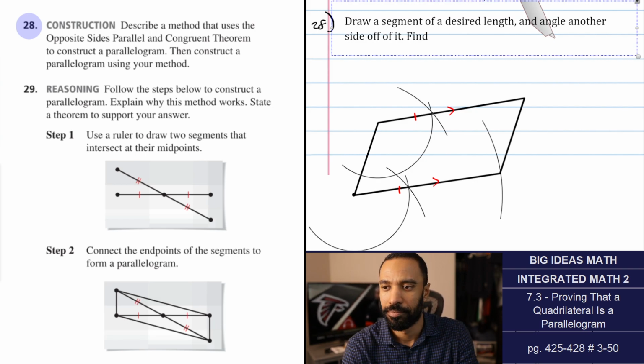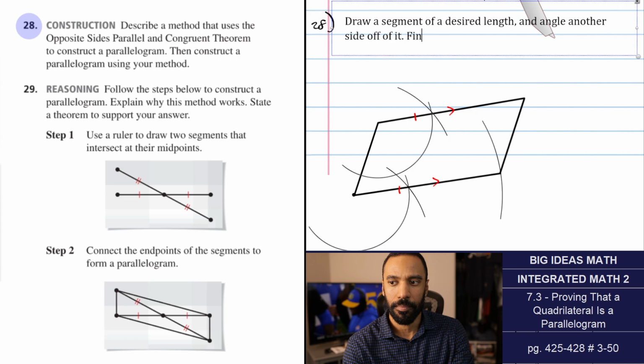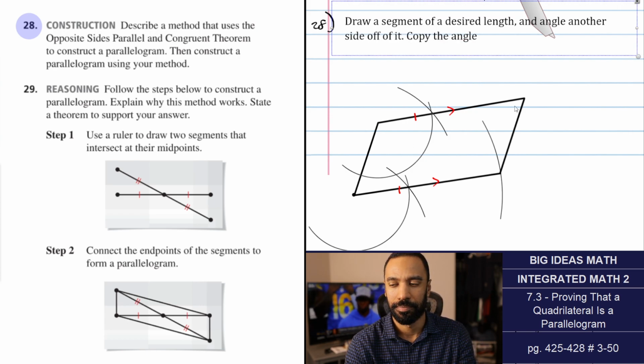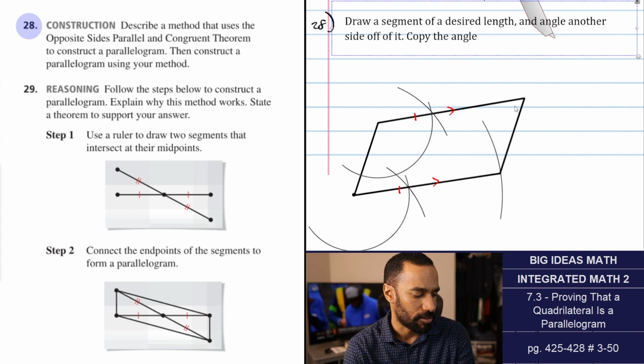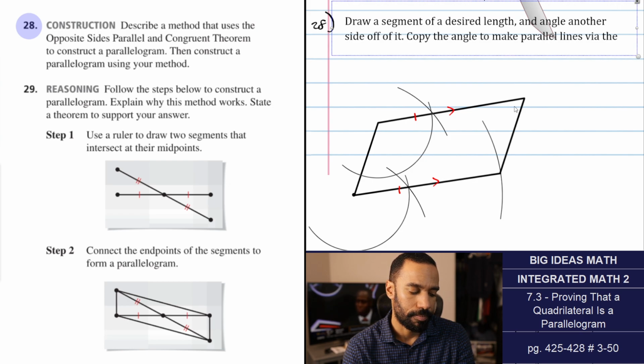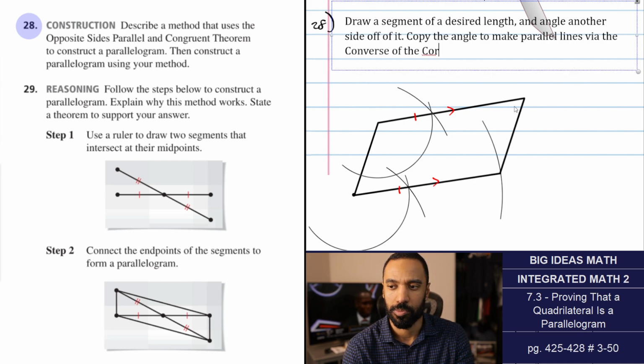So when I copy the angle for the converse of the corresponding angles theorem to make parallel lines via the converse of the corresponding angles theorem.